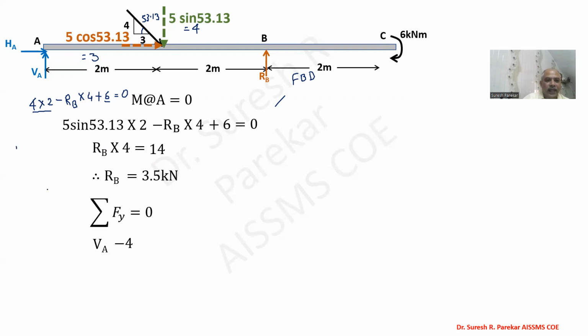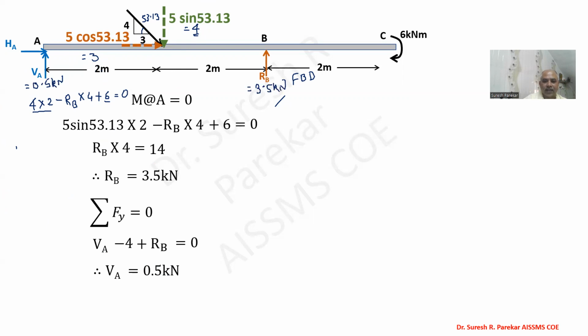So we have Va upward, then 5 sin 53.13 minus 4 and plus Rb equal to 0. Rb we have 3.5, and from this we will get the value of Va, that is 0.5 kilonewton. So Va we have 0.5 kilonewton, and Rb we have 3.5 kilonewton.